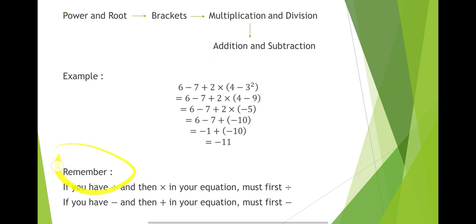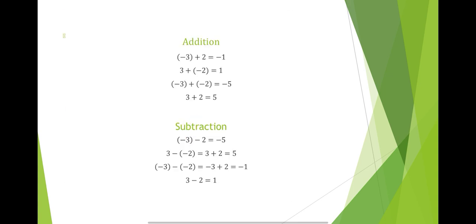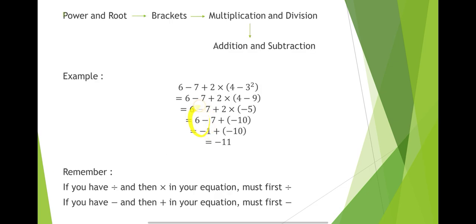Remember, if you have a division and then multiplication, you have to do the division first. If you have minus and plus, you have to do the minus first and then plus. That's why we have negative 1 and then plus negative 10, negative 11.